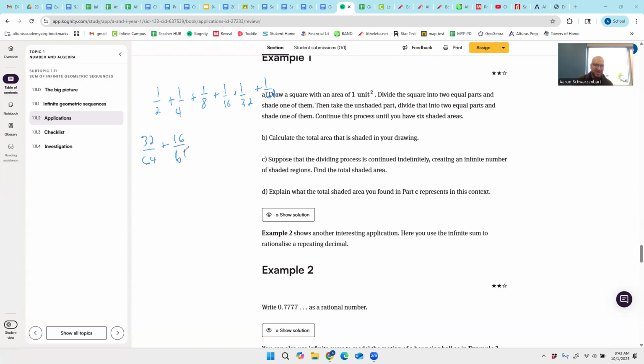I think we're going to get 63/64. Wait, why did we start with 1/2? Then it was one, because it told me to divide it in half for this one. Oh, okay. I thought this was a slightly different problem than the pictures. So let's double check my addition.